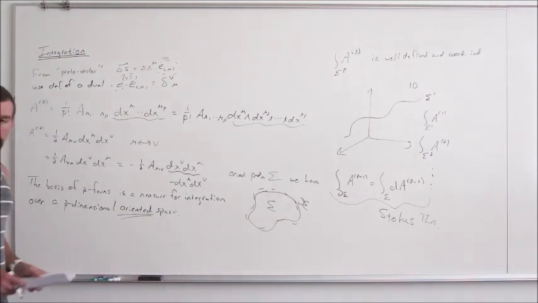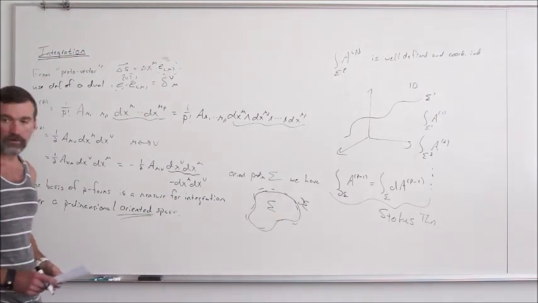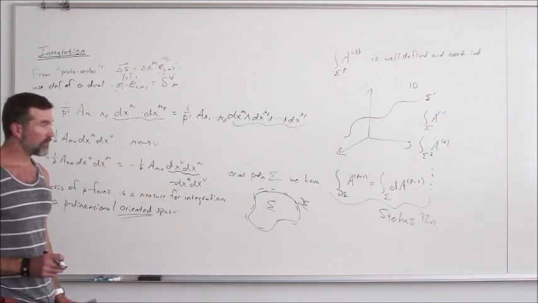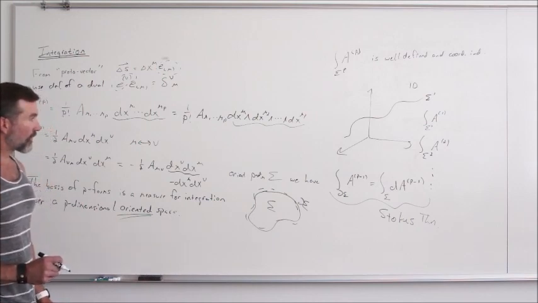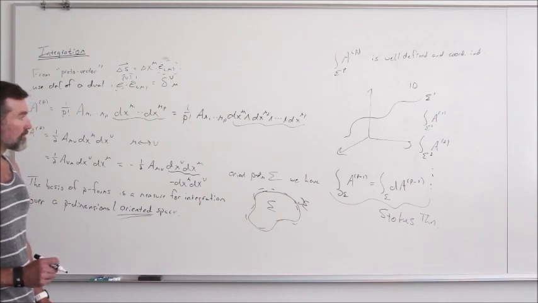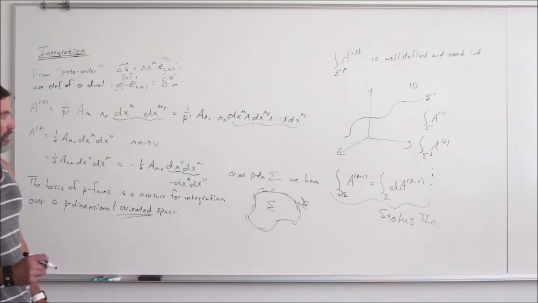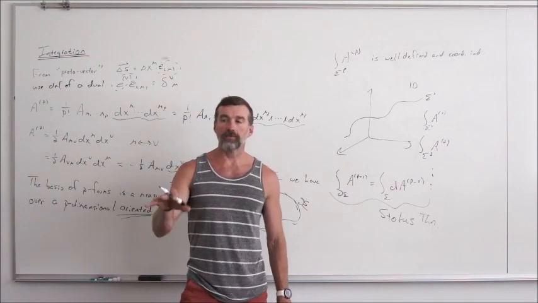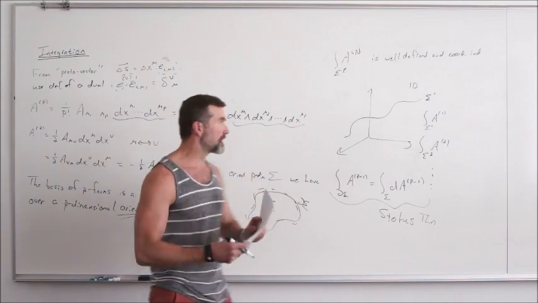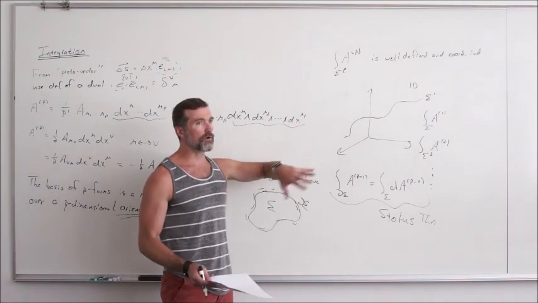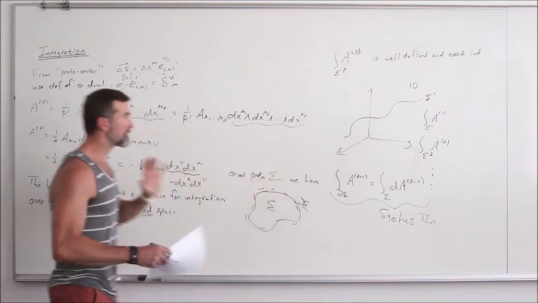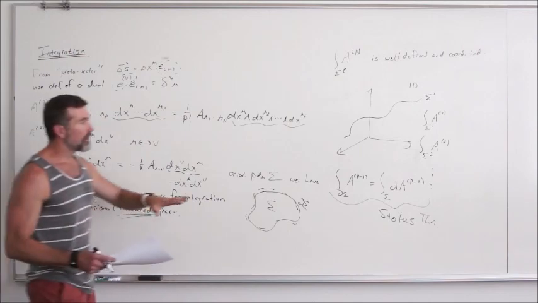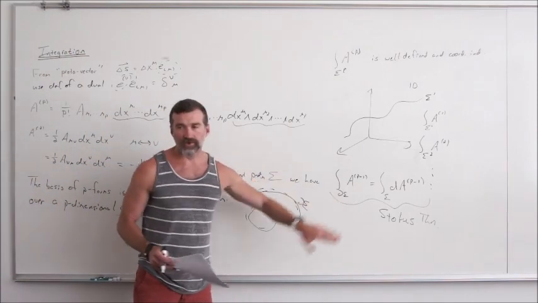So why can't you do like A4 over sigma 2? Like if sigma had dimension 2 and A had dimension 4, you can't do that integral. Well, okay, so you can define other integrals. You can integrate a form over other manifolds. But the thing is if you do that, then the measure isn't going to work out.